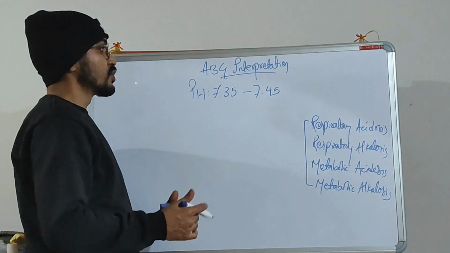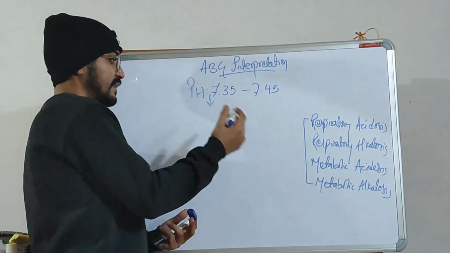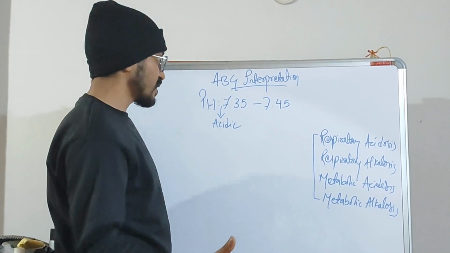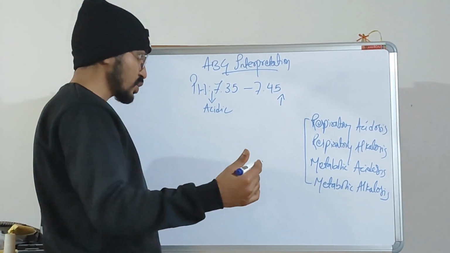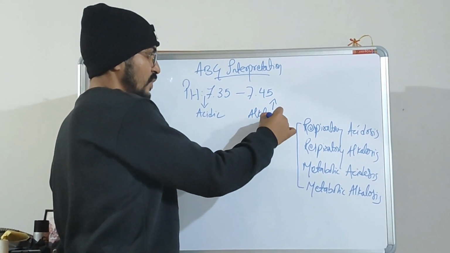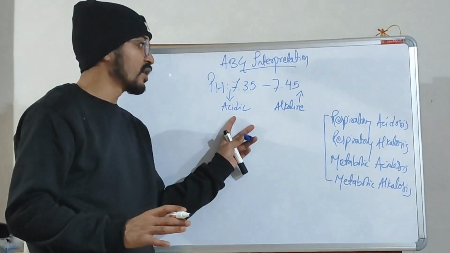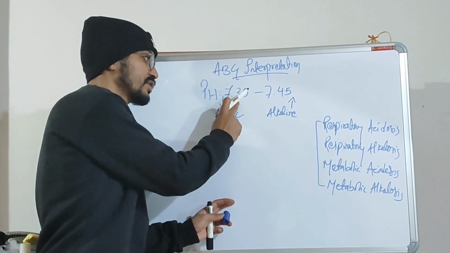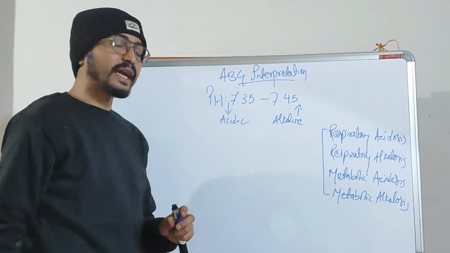When the pH goes below 7.35, our body goes into the acidic state. If the pH moves above 7.45, our body moves into the alkaline state.